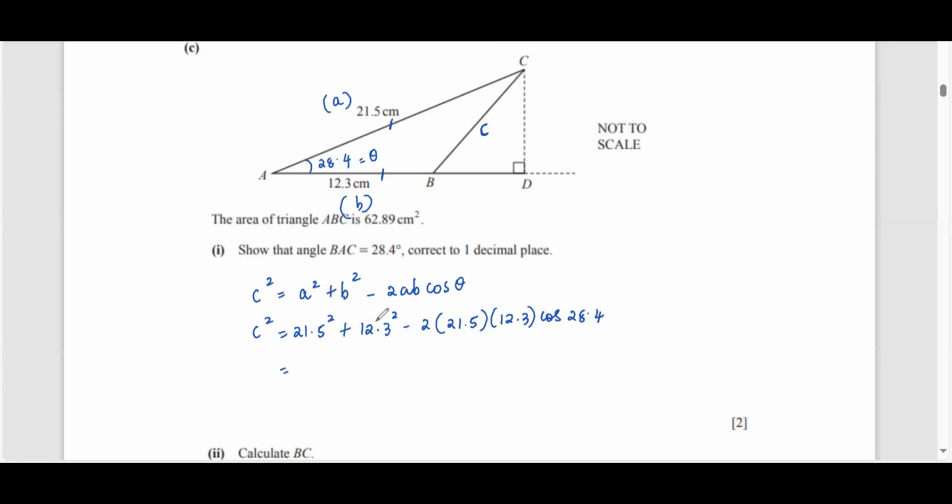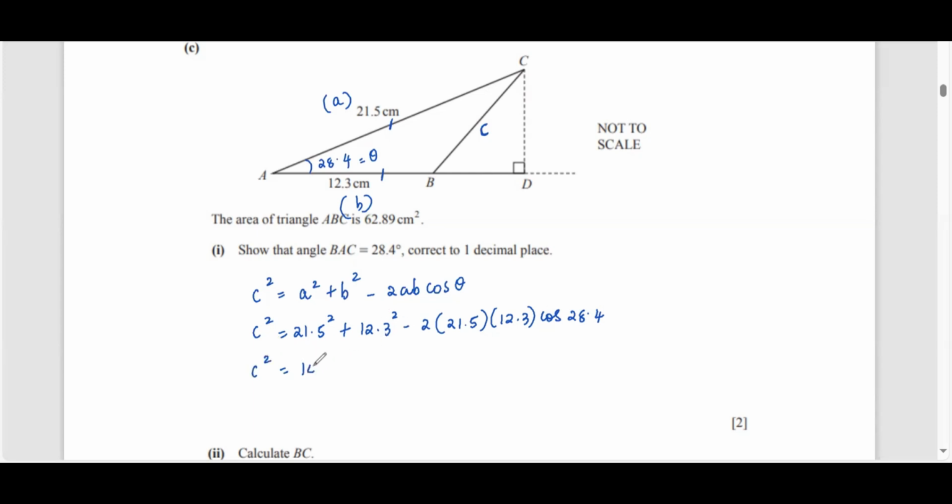So that is 21.5 square plus 12.3 square minus 2 into 21.5 into 12.3 into cos 28.4. When we put this in the calculator, I'll get it as 148.3 approximately.